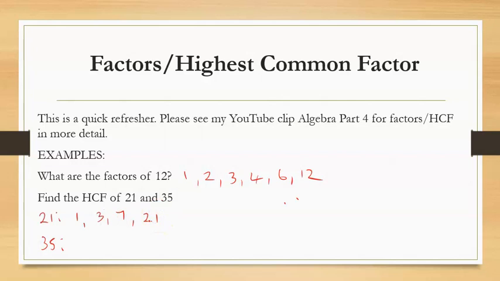And all of the numbers that fit evenly into 35 are 1, 5, 7, 35. Then you look in both lists to find the highest number that appears in both of them, and you can see that is 7. So 7 appears in 21 and in 35. It's the highest number to appear in both. Therefore, the highest common factor of 21 and 35 is 7.